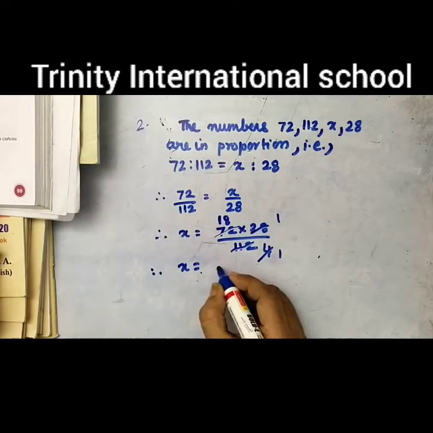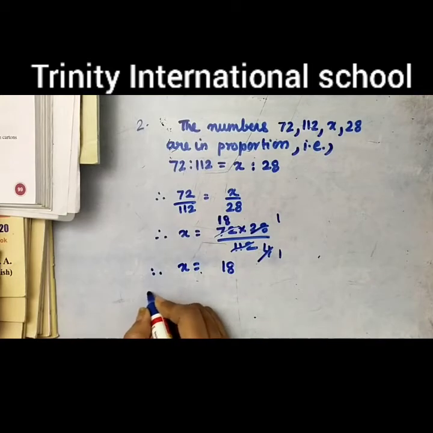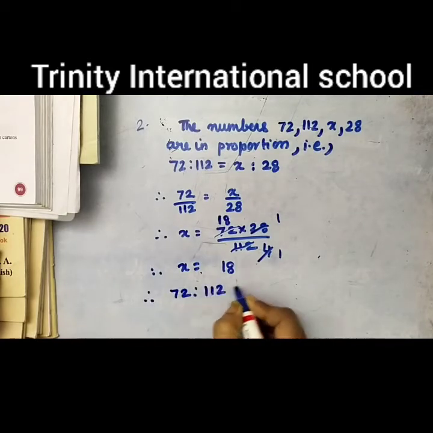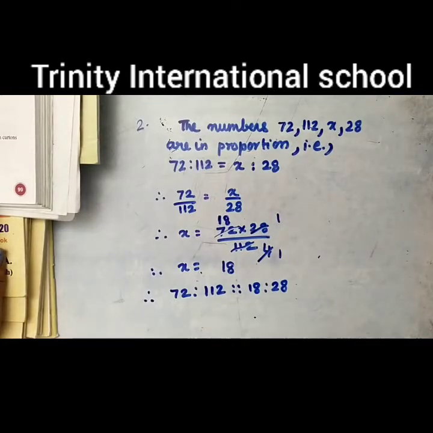So you have x is equal to 18. Okay, now your proportion will be, therefore 72 is to 112 proportional to 18 is to 28. So this way you can go for your second question.